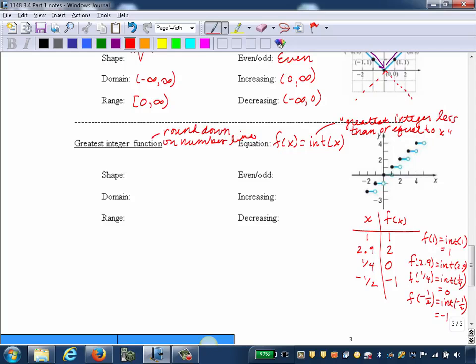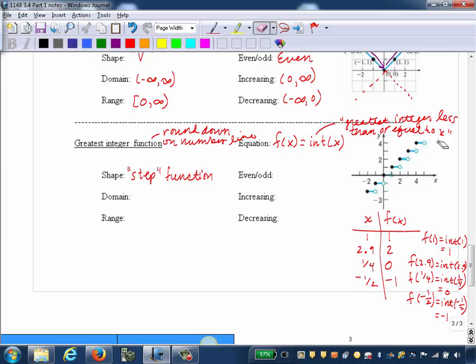Now, when we go to the graph, we can see it's going to be this shape, and we would describe this as a step function, because you can see the stair steps. So these are flat steps. These are constant pieces, but they're diagonally increasing as you go from left to right.